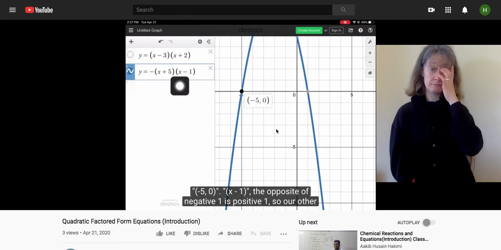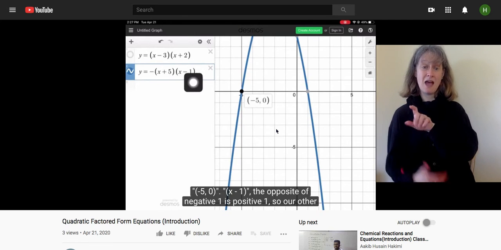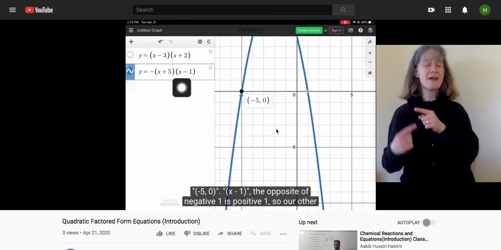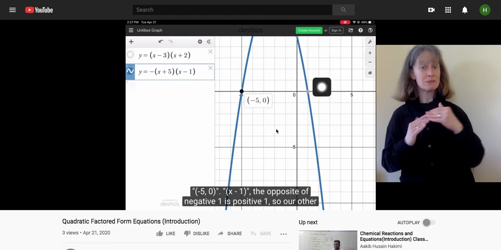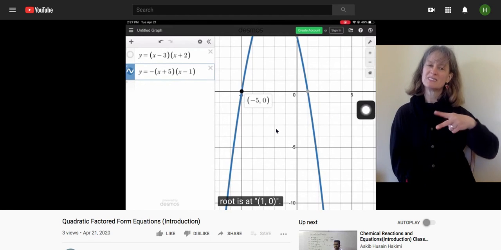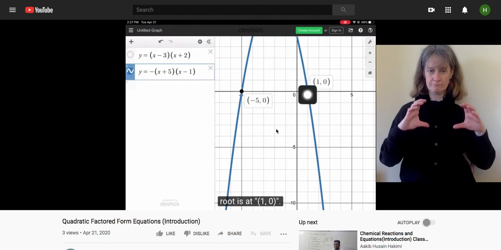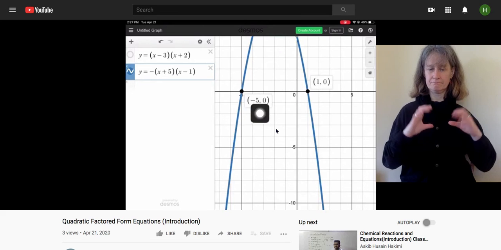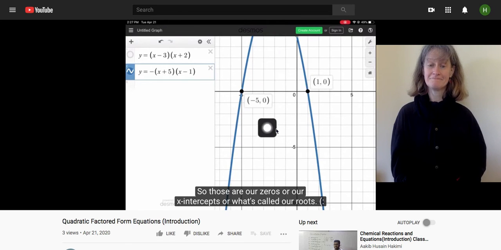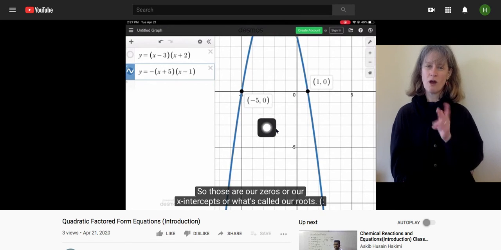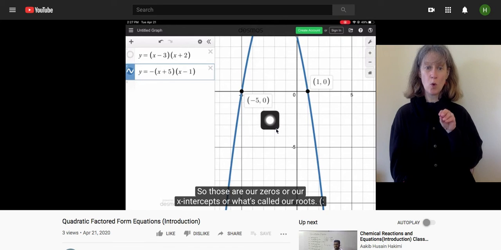X minus 1. The opposite of negative 1 is positive 1. So our other root is at positive 1, 0. So those are our zeros, or our x-intercepts, or what's called our roots.